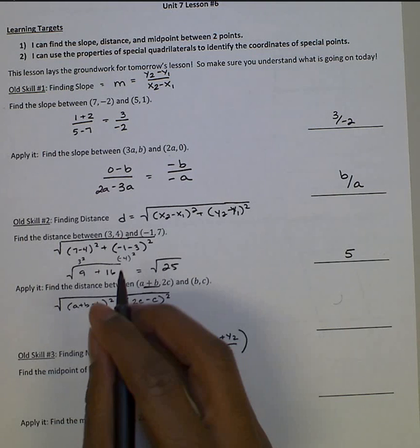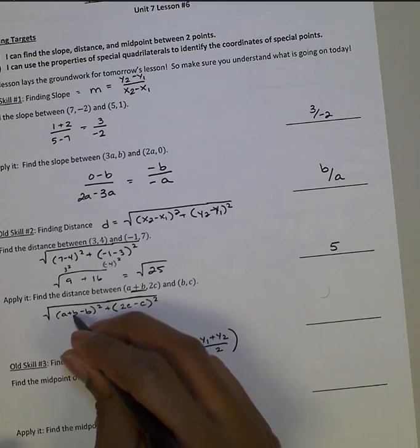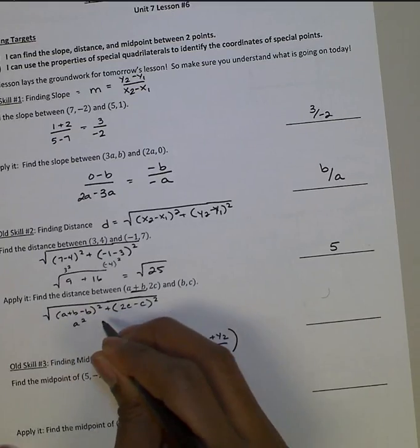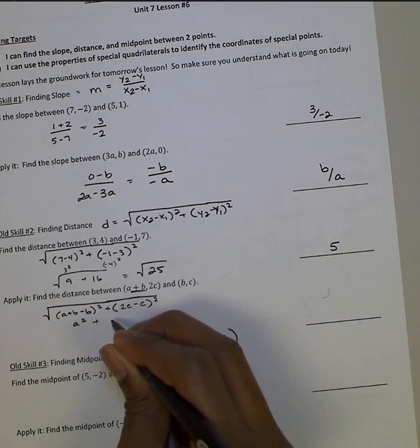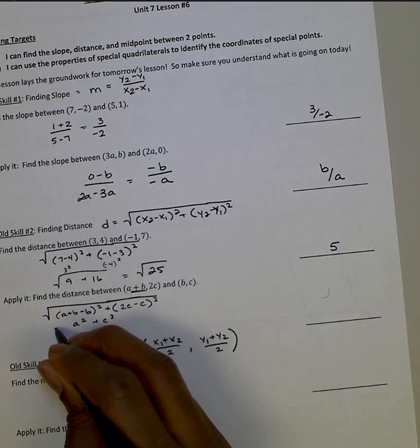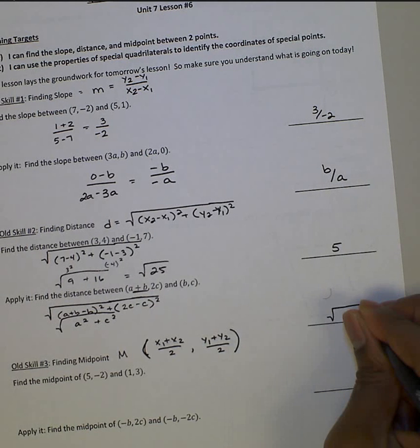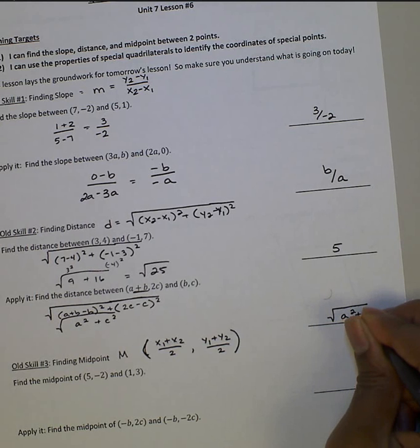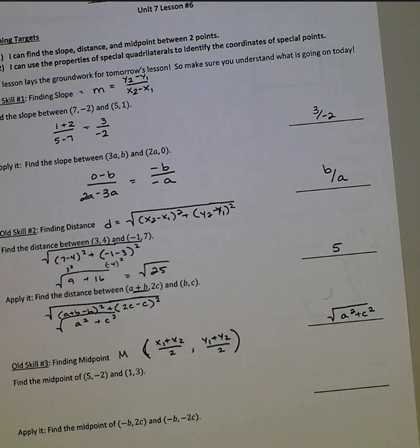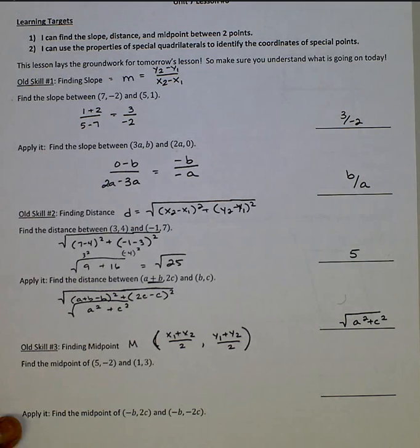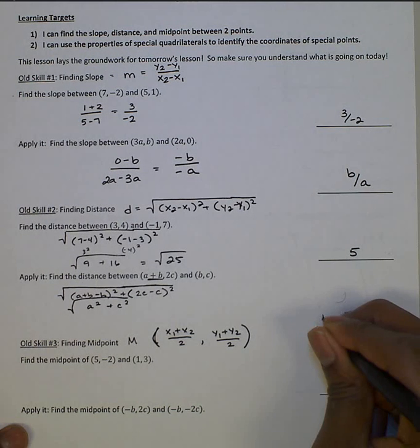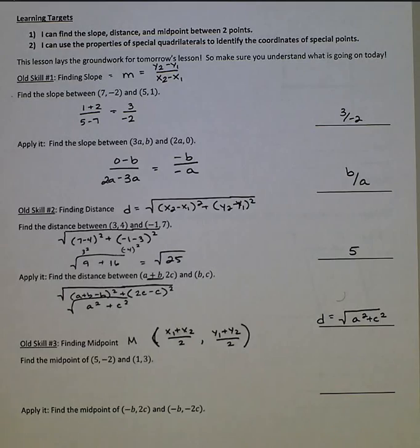So a plus b minus b gives us a, so we have a squared. 2c minus c gives us c, so we have c squared. There's no way for us to easily take the square root of a squared plus c squared, so our answer will be the square root of a squared plus c squared. You might think, oh, that's ugly, but as long as we're able to find the distance, if we find the distance of the next shape, it should be the same thing, and so it works for us.